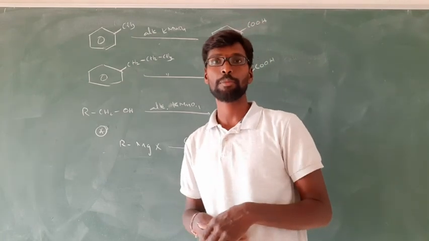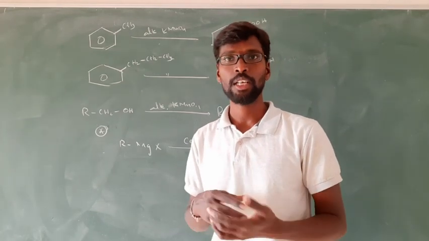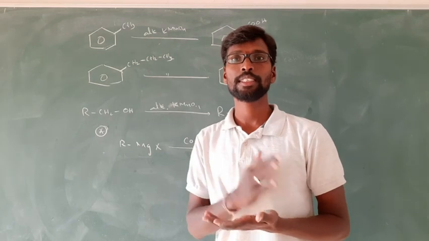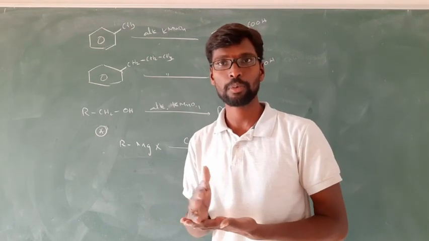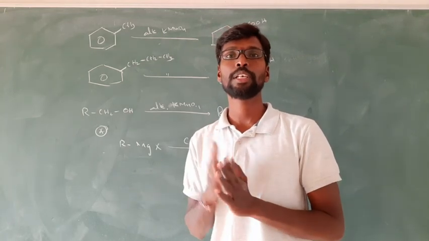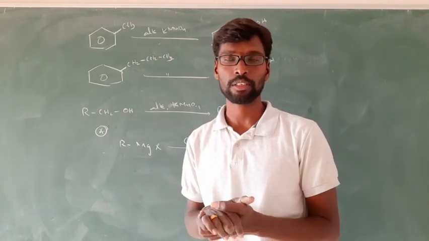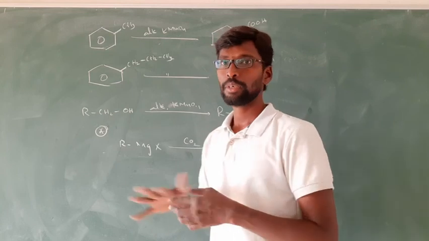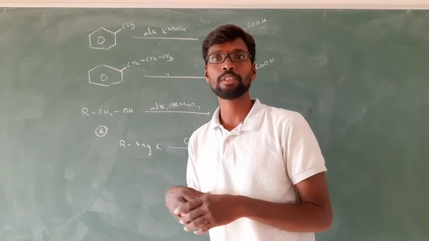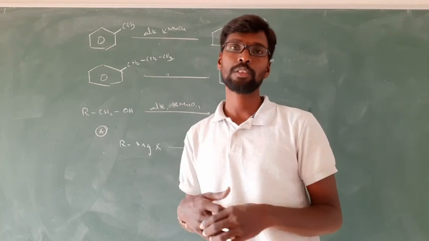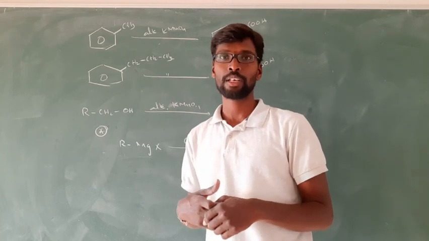Just simply use alkaline KMnO4, a base reagent. Butene is CH3, CH2, CH double bond CH, CH3. If you break the double bond, you will get a carboxylic acid. So these are the basic carboxylic acid preparations. You have to apply this in your exam questions, right?